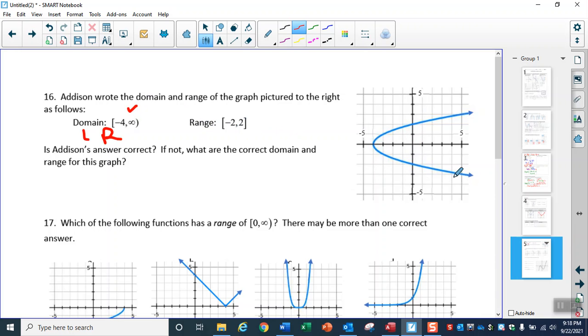When you're doing the range, you have to look all the way to the bottom and then all the way to the top. So this should be the correct range: -infinity for the bottom, up to +infinity, because it goes forever up and down.